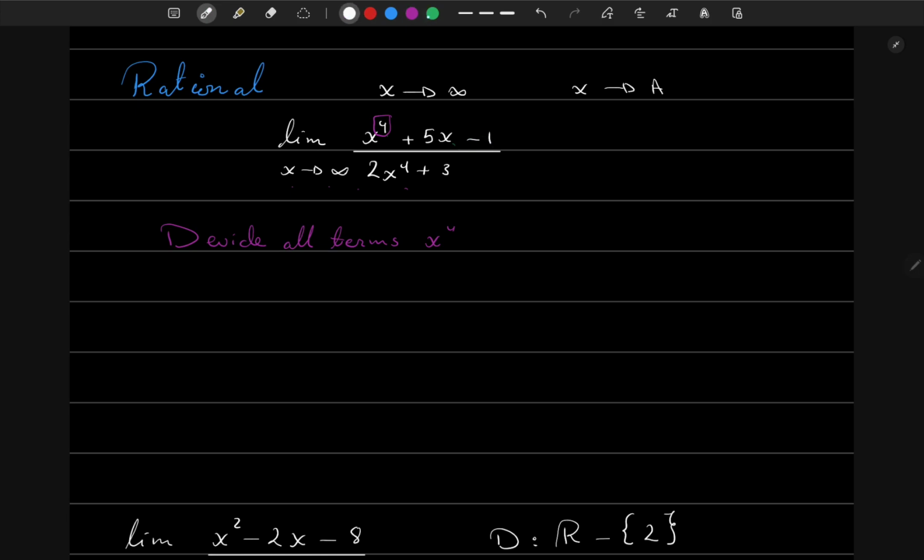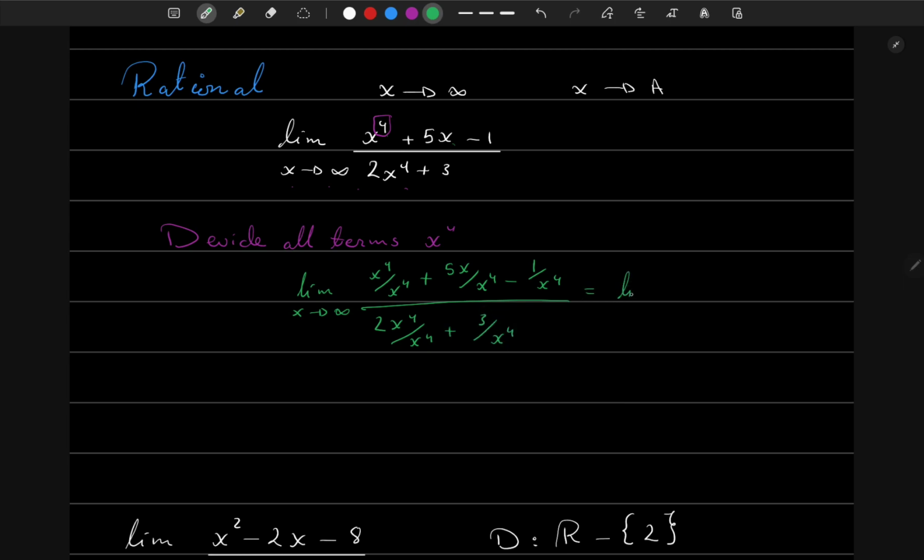Okay? So it's going to be the limit when x approaches infinity of x to the power of 4 by x to the power of 4 plus 5x by x to the power of 4 minus 1 by x to the power of 4 divided by 2x to the power of 4 by x to the power of 4 plus 3 by x to the power of 4.